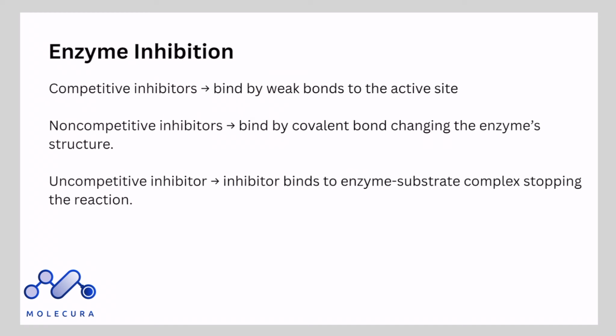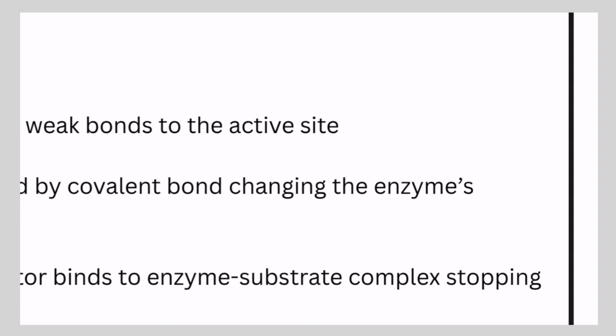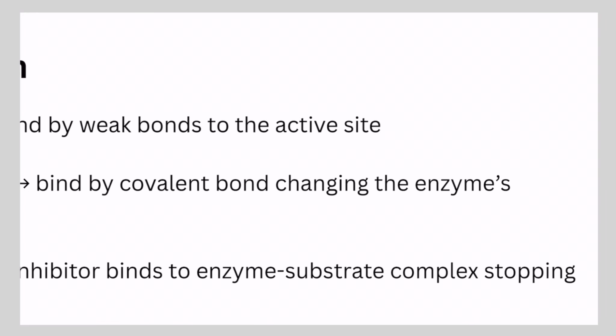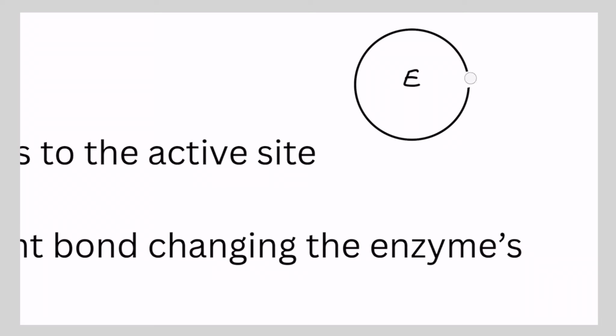Now, the next topic that we need to discuss briefly is going to be enzyme inhibition. Enzyme inhibition could be three types in general. The first one is competitive inhibitor, in which there is a weak bond between that inhibitor and the active site of the enzyme. So what is happening here is that we are going to have our enzyme. This is our enzyme. Again, this is our active site.